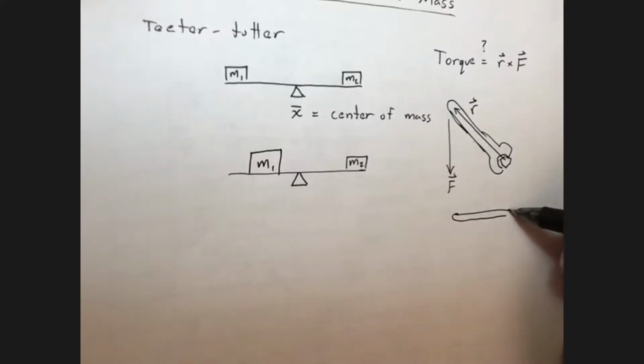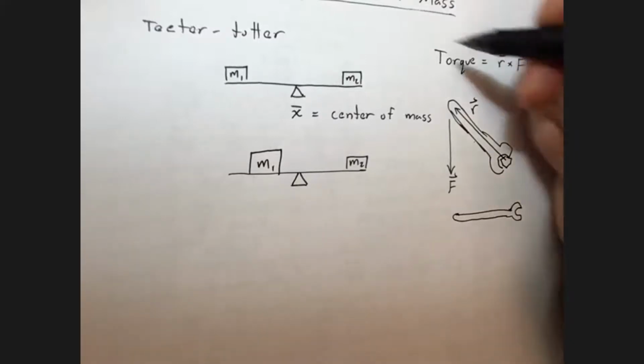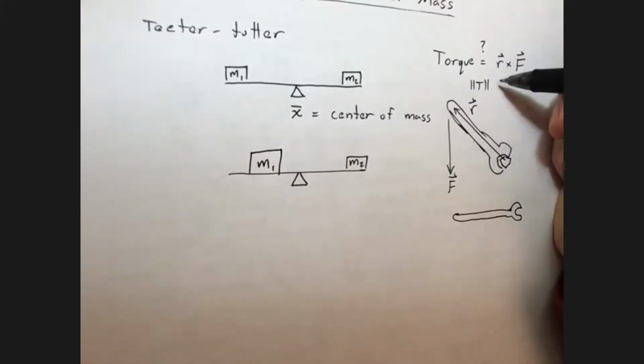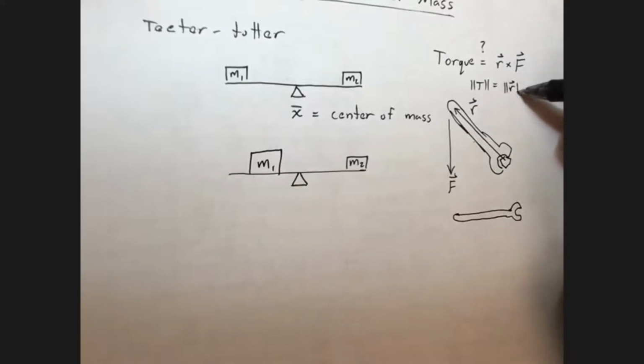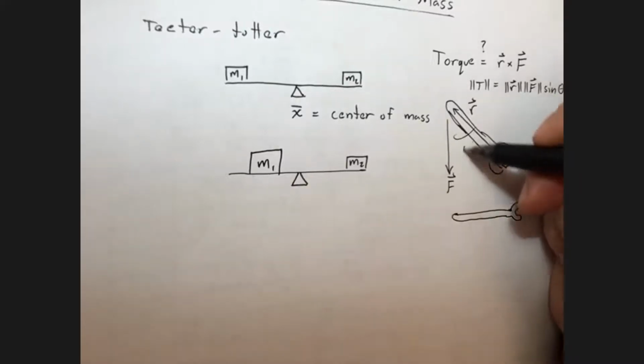But if we were measuring the wrench, I should have drawn the picture like this with the wrench horizontal, then that angle doesn't play a role because, if you remember, the magnitude of the torque is the length of R times the length of F times the sine of the angle, I believe this angle here.